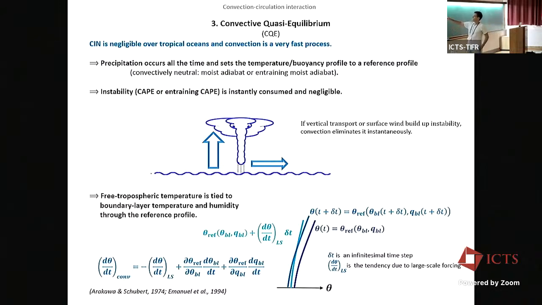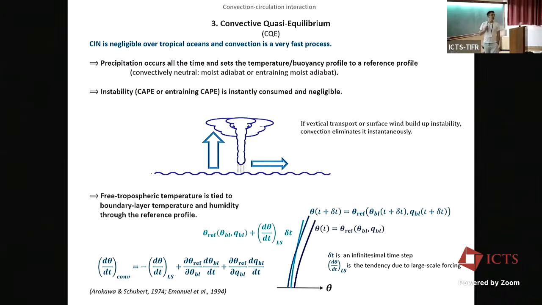So imagine you have a vertical gradient of temperature like that. That's already at that reference profile as a function of temperature and humidity in the boundary layer. Now, if you add only a large scale forcing, your new profile after delta T would be this light blue one here.